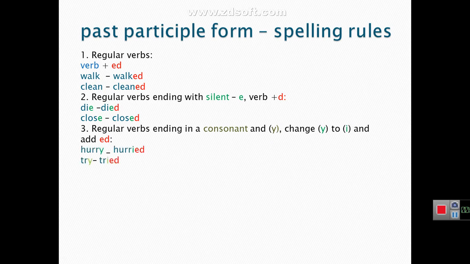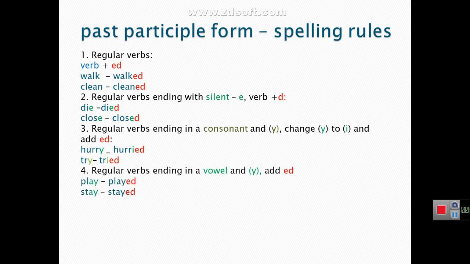Hurry, look at this, hurry. Before y I have a consonant. Then I'm gonna change y to i, then ed. Try, tried. What about if I have a vowel before y? I'm just gonna write ed. Don't touch it. Play, played. Stay, stayed. Ed, like the regular verbs at the beginning, the first rule.